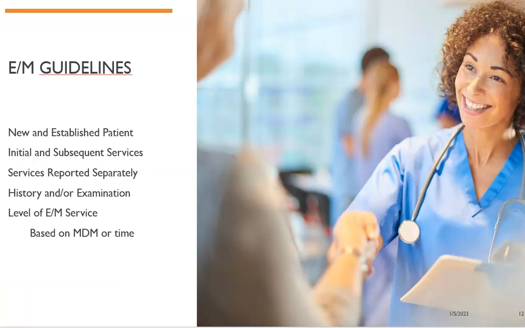So open up your CPT book, and I want you to bookmark the E&M guidelines. These become the most beneficial resource to you as the coder when you are coding evaluation and management codes. So in the CPT book, these start on page 4, and they go through page 12.